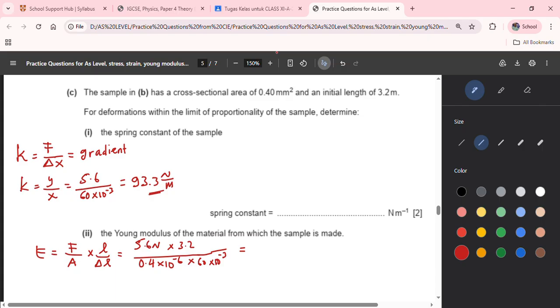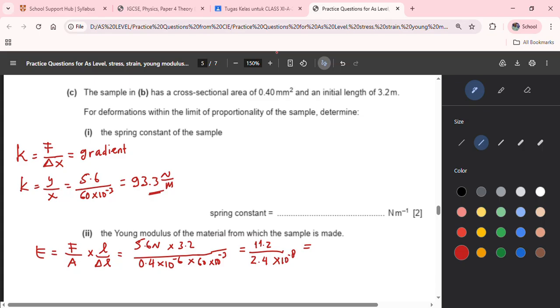Based on the calculator, we get 5.6 times 3.2 is 17.92 divided by 0.4 times 10 to the power of minus 6 times 60 times 10 to the power of minus 3, which is 2.4 times 10 to the power of minus 8. We're using the calculator.